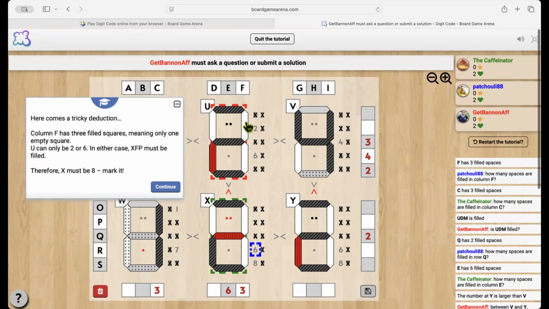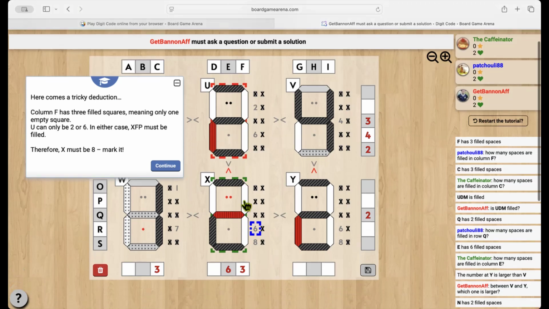So let's see, 2 or 6. So this one will only have 1 filled on this side. XFP must be filled, because there's only 2. Therefore, X must be 8.